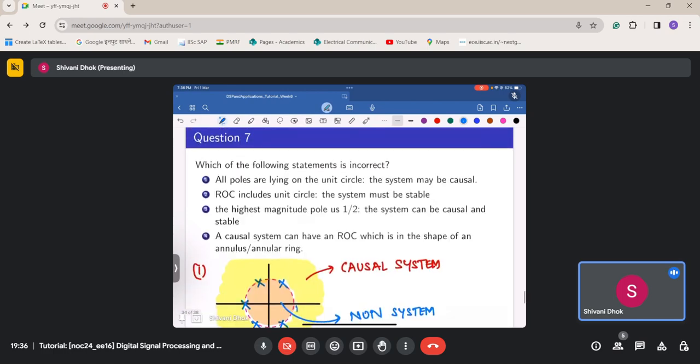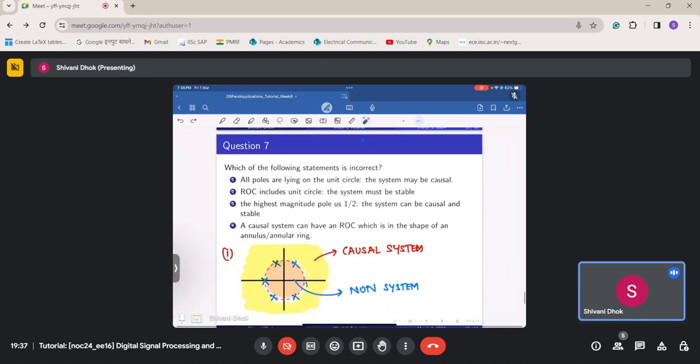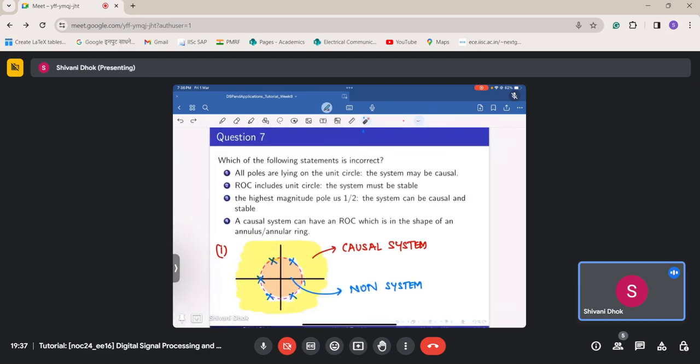So the statement says, if all the poles are lying on unit circle, a system may be causal. If I work in this particular region of convergence, shaded in yellow, then the system is causal. So this is correct.